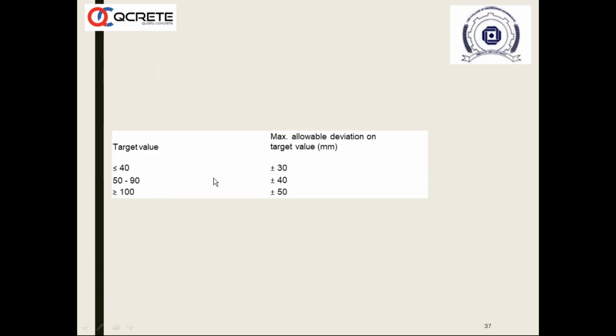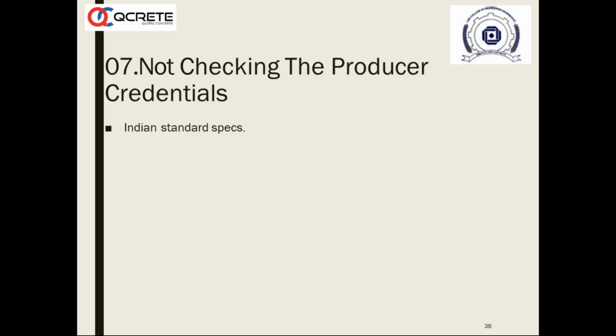There is also another way of specifying the slump. You specify 50 to 90, and the allowable value can deviate by plus or minus 40 mm. So these are some of the ways of specifying the concrete, and this is one of the precautions that you have to take. Don't specify a wrong slump, because it may become very difficult for you to place and transport the concrete. We need to study this and then specify the concrete.